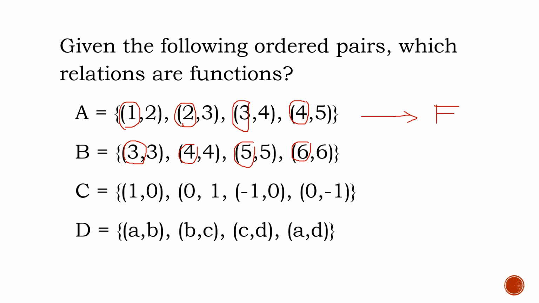Again, there is no repetition in your x values. It's fine if there's a repetition in your y values. What we need to check is the repetitions of your x, if there's an existing repetition between your x values with the given set of ordered pairs.